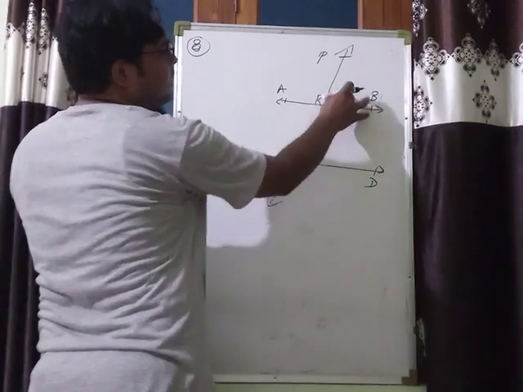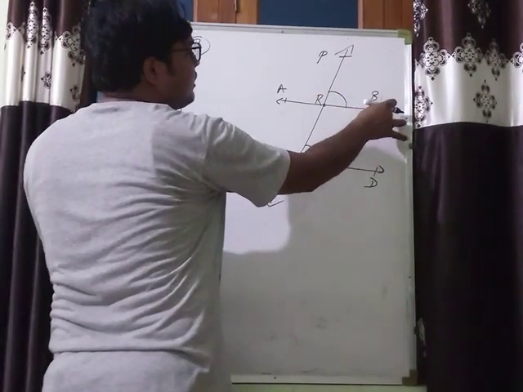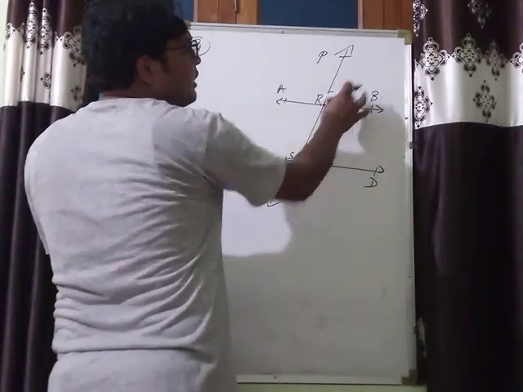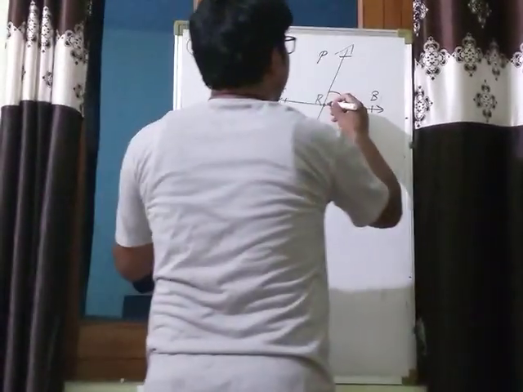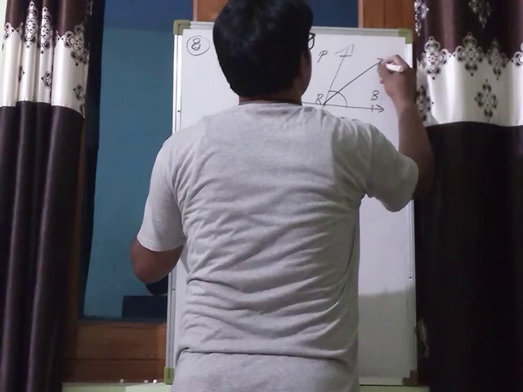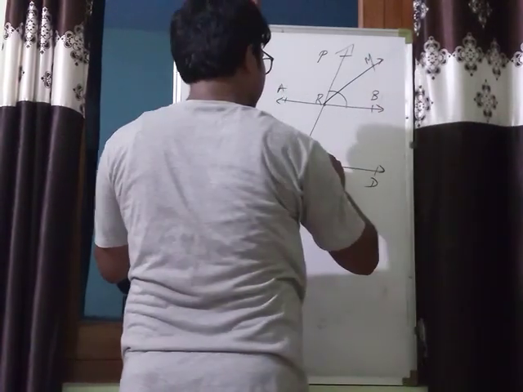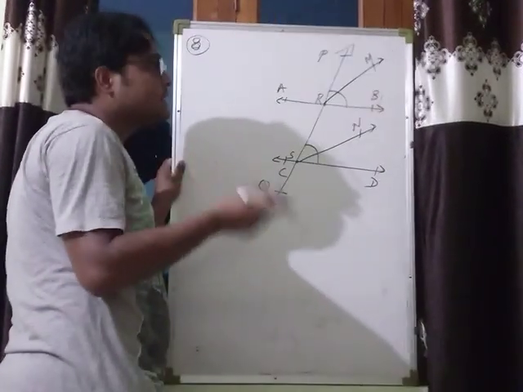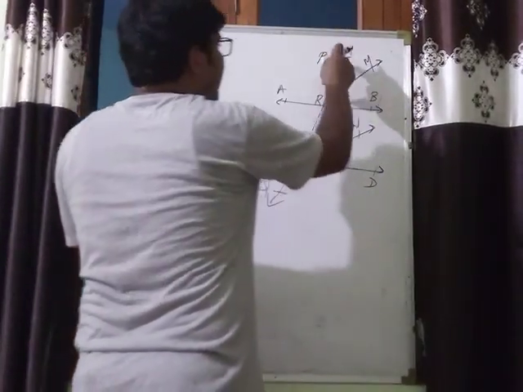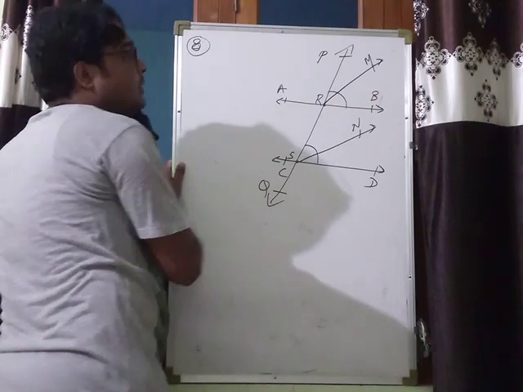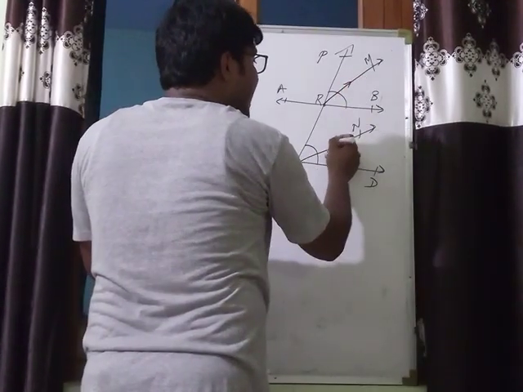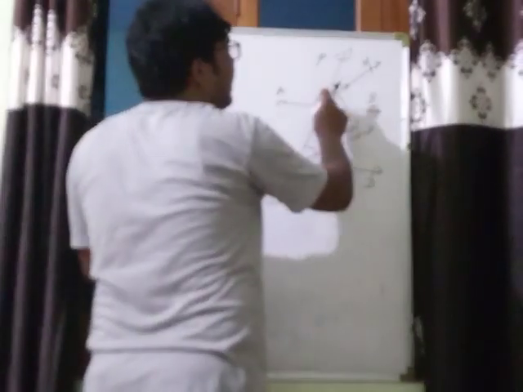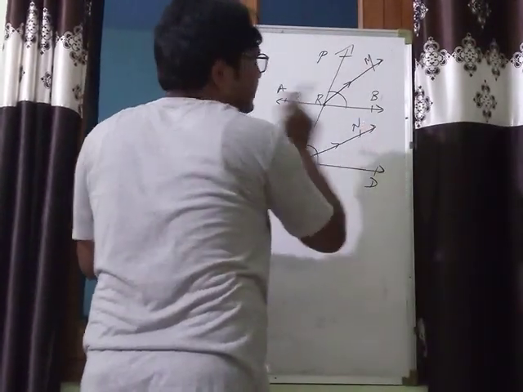See, these are corresponding angles, angle PRB and angle PSD. This is a pair of corresponding angles. They are bisectors. Suppose RM and SN are bisectors of PRB and PSD. These two are parallel. The equal that was given by mistake, that should be parallel. RM parallel to SN.